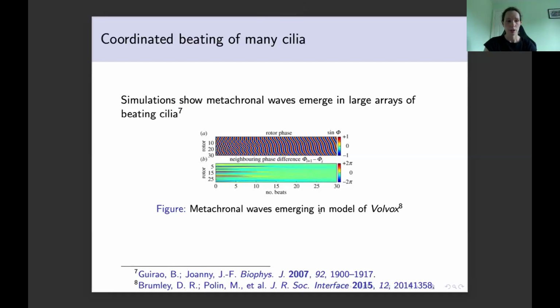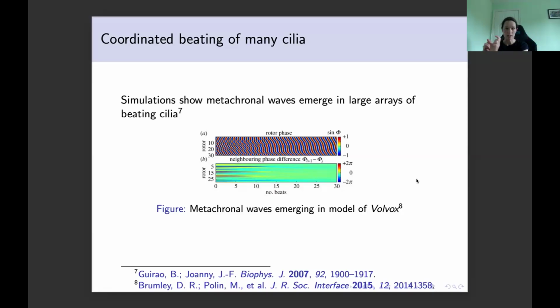Just moving on to some simulations. This figure was done by Doug Bromley. He did a simulation looking at hydrodynamic coordination between cilia, and the waves that you can see here show the phase difference. If we're looking at metachronal waves, what we're looking at is a fixed phase difference between neighbors.